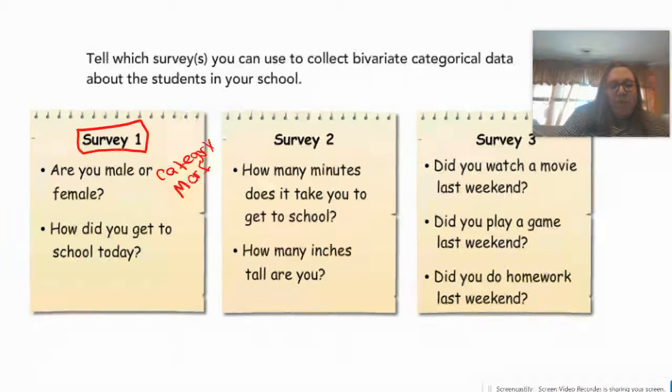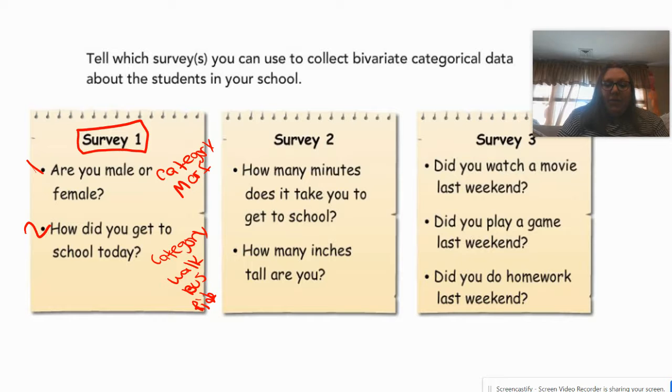And how did you get to school today is also categories because you could walk, bus, get a ride. So that is bivariate categorical data. There are two different things, one, two, that are being put into categories.